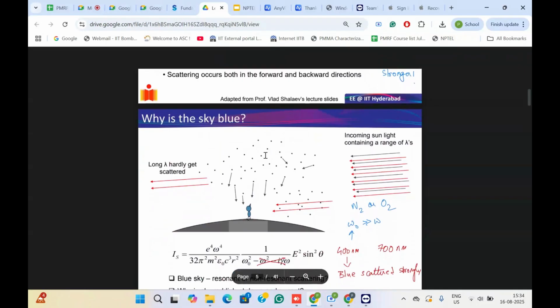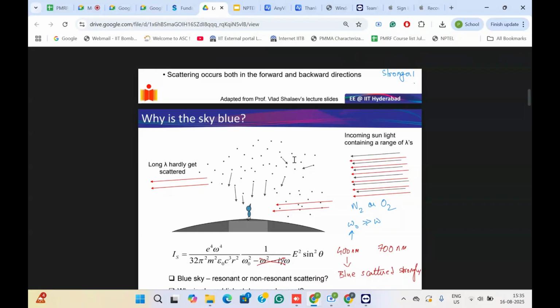Next, this question arises: why is the sky blue? We know that electromagnetic waves from the sun are coming to the environment, and in our environment we have a lot of nanoparticles. So our EM waves will interact with these nanoparticles, and these will scatter. These particles are of the order of less than 1 nanometer in size, so our omega naught is very much greater than omega because of the smaller size.